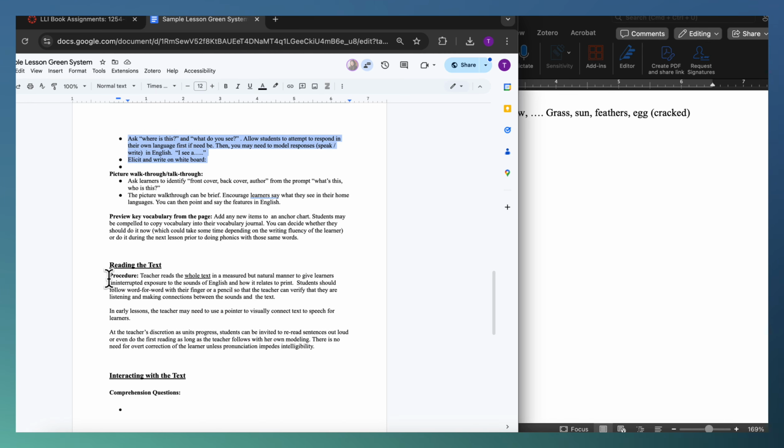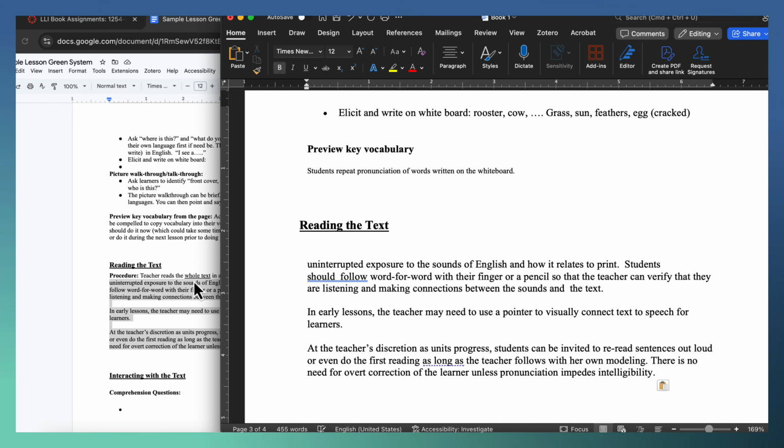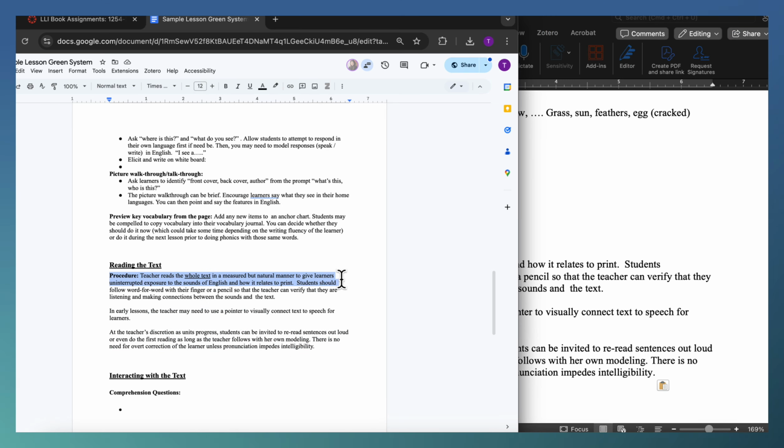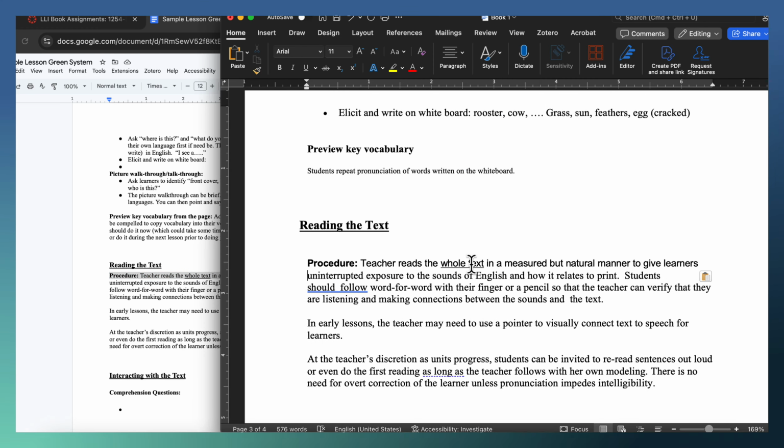You can just copy and paste this because this is exactly what I do. This is the lesson plan. Teacher reads the whole text in a measured but natural manner and gives learners uninterrupted exposure to the sounds of English and how it relates to print.